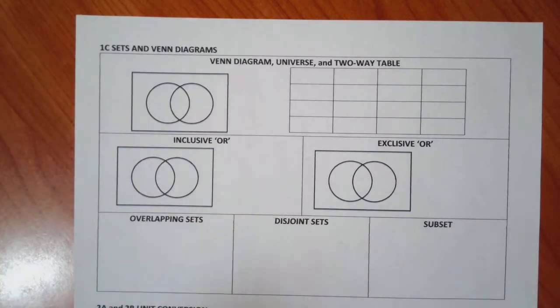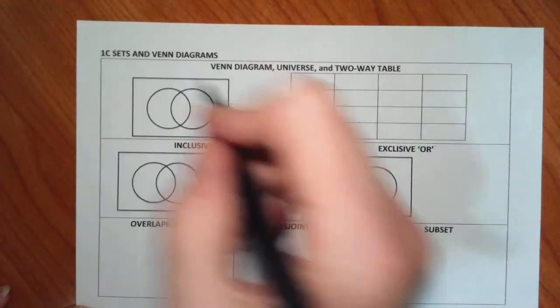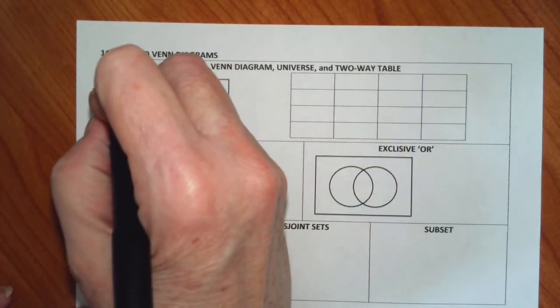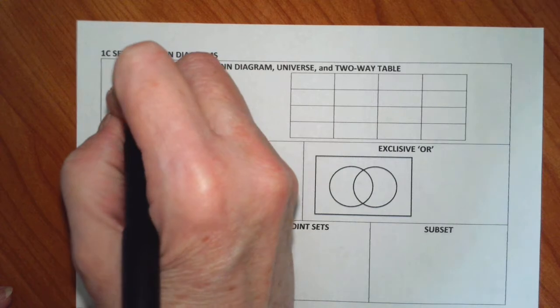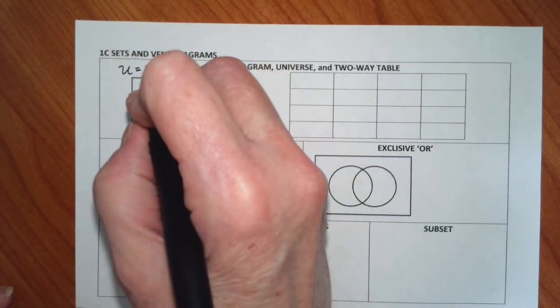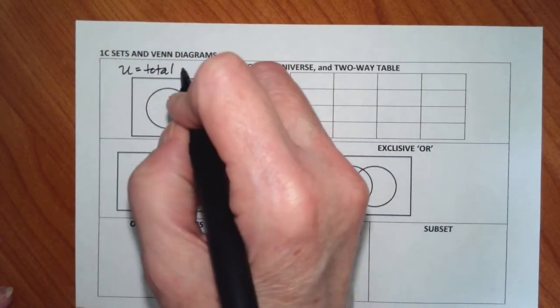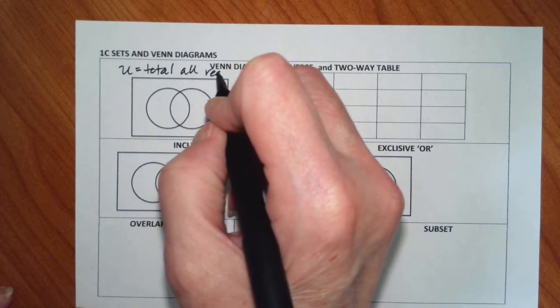Okay. So let's see how we're going to get started on this. Here's how I think I'll do this. We know the universe is the total of all regions.